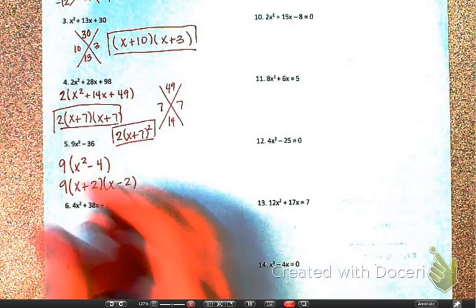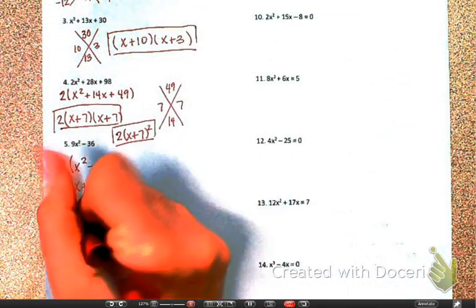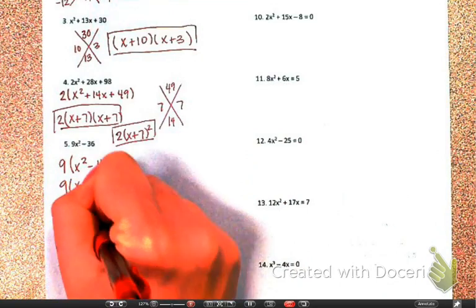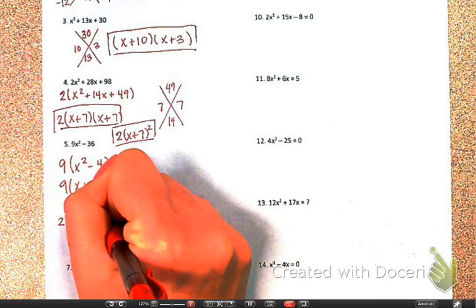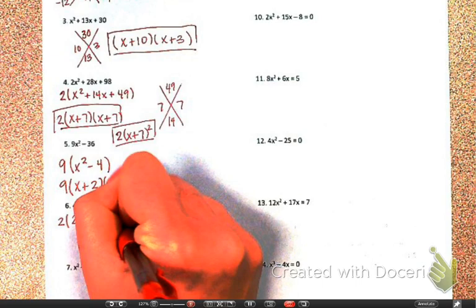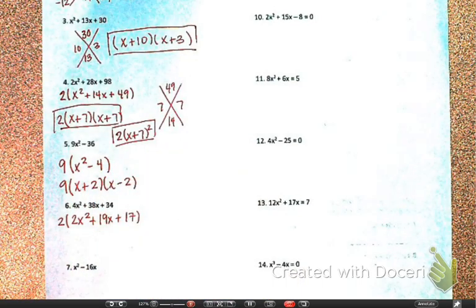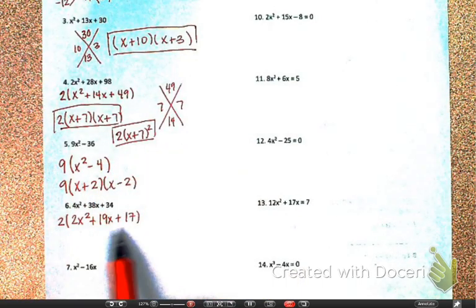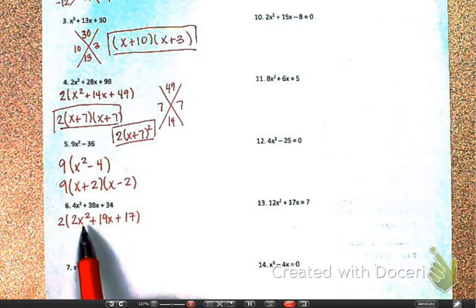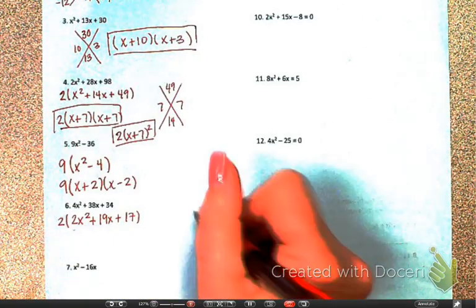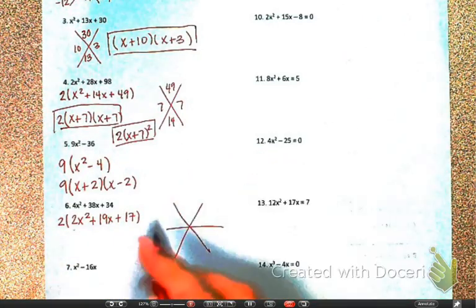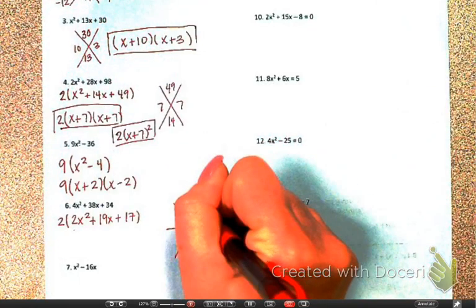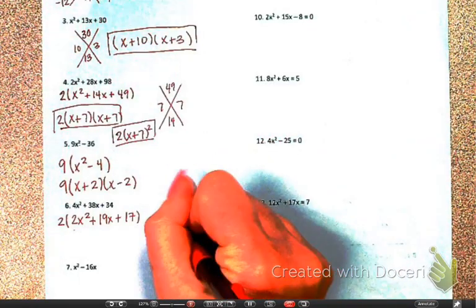A 2? Okay. So if I pull out a 2, I'm left with 2x squared plus 19x plus 17. How do I factor this when I have a leading coefficient greater than 1? This one's a super x. So 17 times 2 gives me 34. I have 19 on the bottom, a 2x and a 2x.